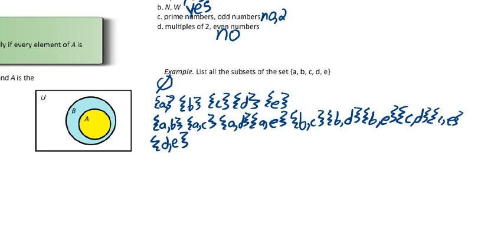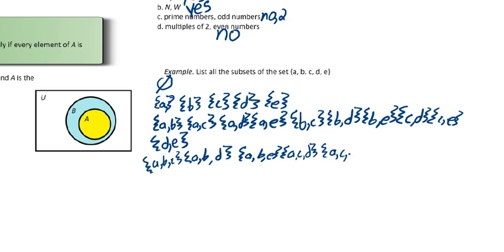So next, I could have sets of 3. So I could have ABC. I could have ABD. I could have ABE. That's all the ones I could start with AB. So I could have ACD. I could have ACE. I could have ADE.